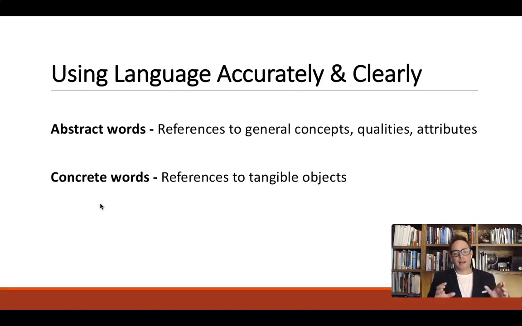Whereas concrete words reference tangible objects. So think about sports. Sports is an abstract word that references some sort of group of individuals engaged in some sort of competitive play.